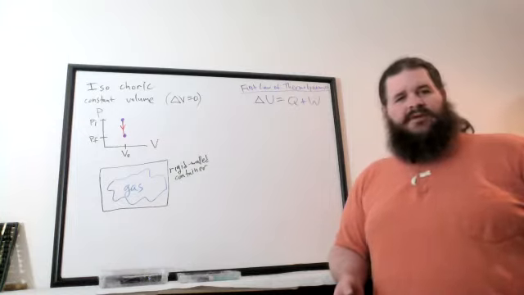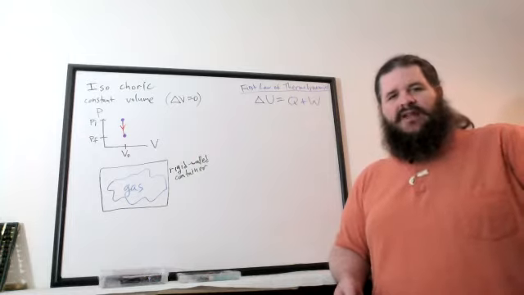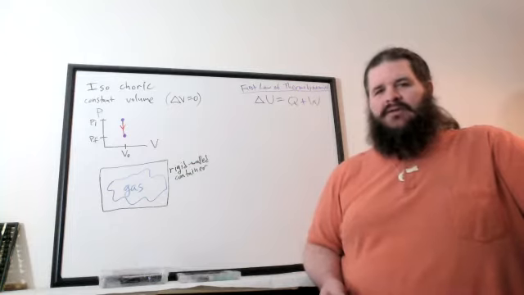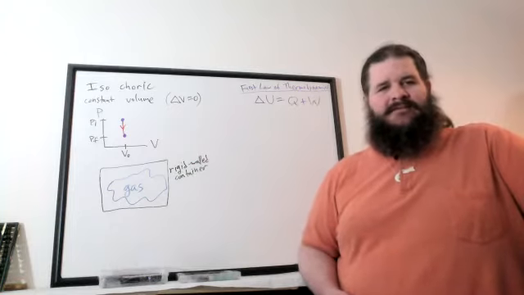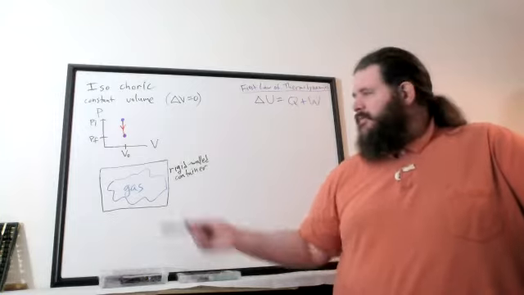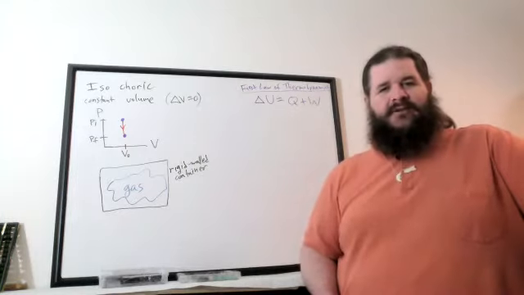Alternatively, let's say you did want the volume to change. If you wanted to set up a container that allowed the gas's volume to change, how would you allow that? How would you allow the gas to expand and contract? What could you build into the container that would allow that?